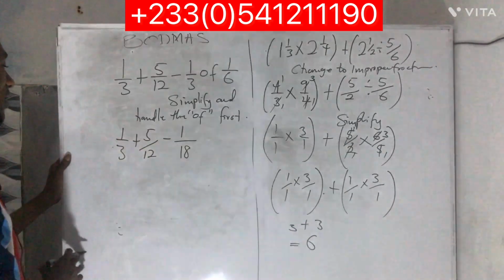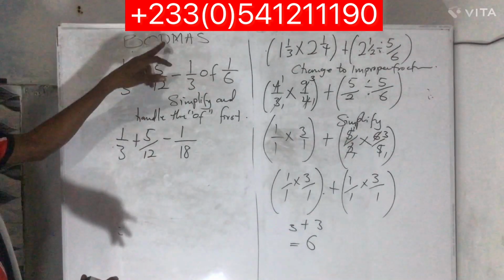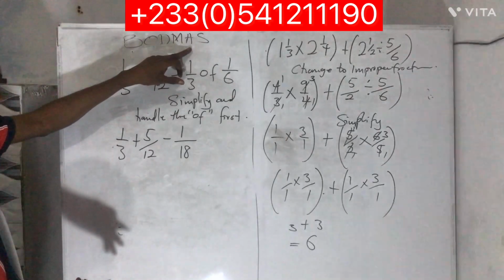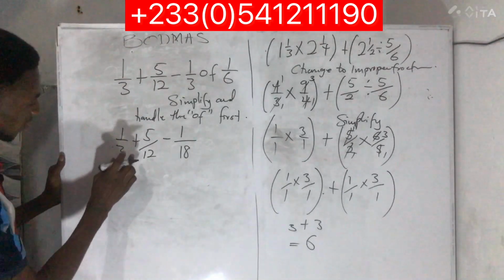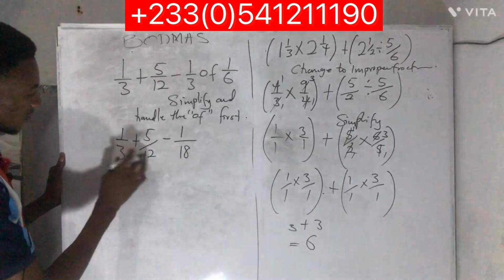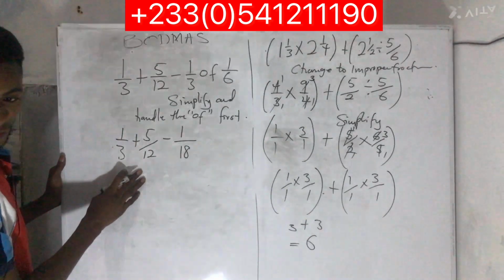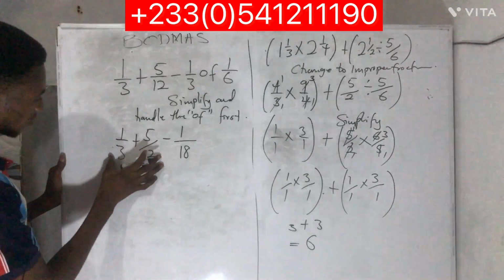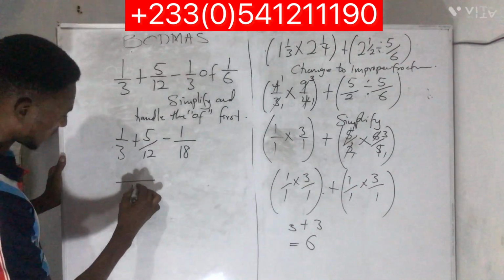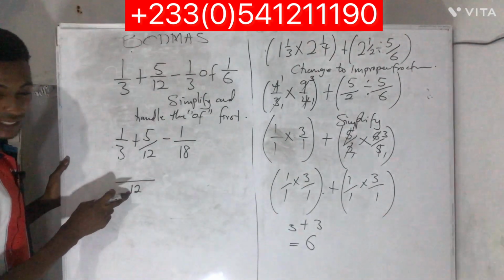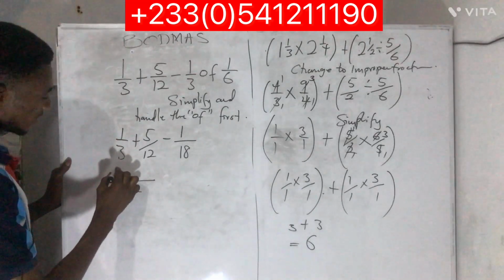Now, we are done with this. Do we have multiplication in this? No. Do we have addition? So we have to handle the addition. Now, we have to find the LCM for 3 and 12. Okay. So look at this. Here we have 12. 3 will go here 4 times. 4 times 1 is 4.